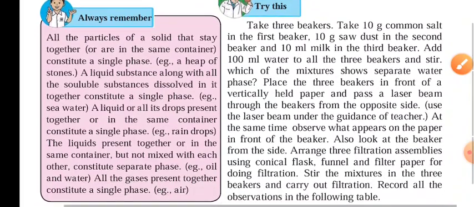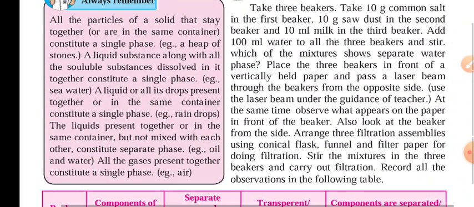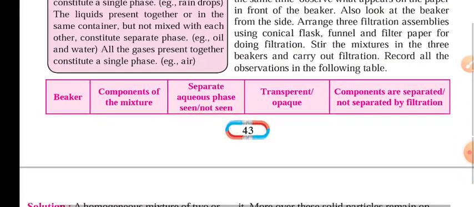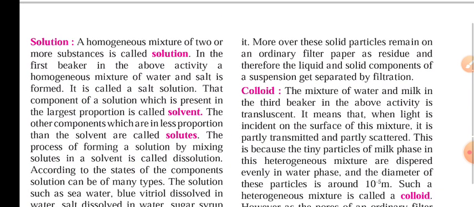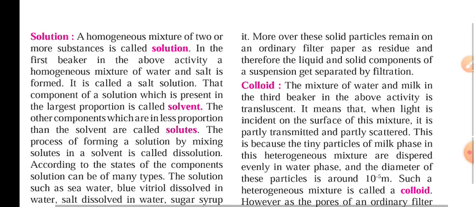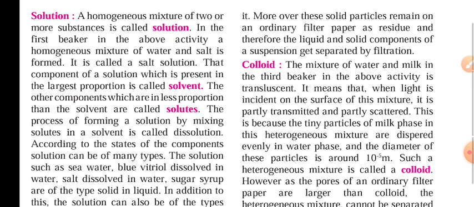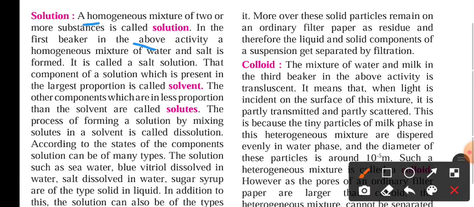Further, when we talk about the components of mixtures, a homogeneous mixture of two or more substances is called a solution. If you see over here, a homogeneous mixture of two or more substances is called a solution, and in that we have two terms, solvent and solute.